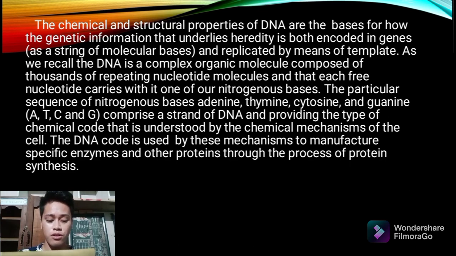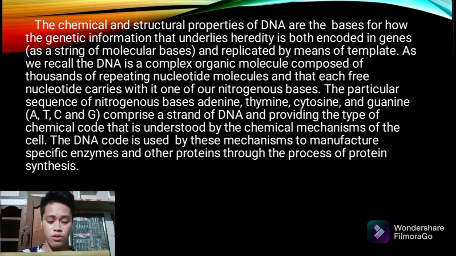The particular sequence of nitrogenous bases adenine, thymine, cytosine, and guanine comprise a standard of DNA, providing the type of chemical code that is understood by the chemical mechanism of the cell.